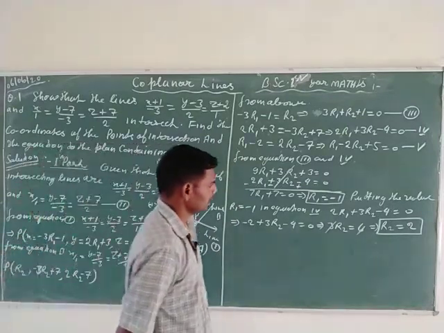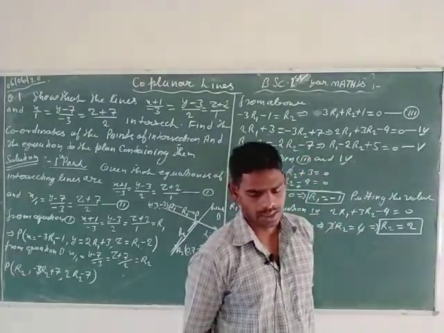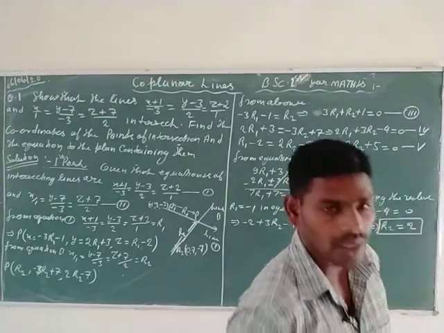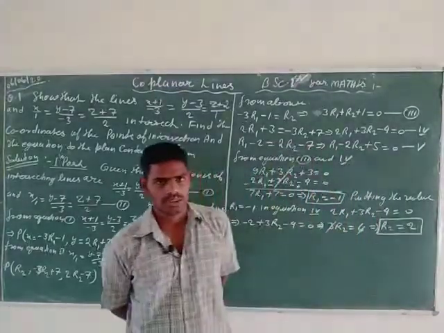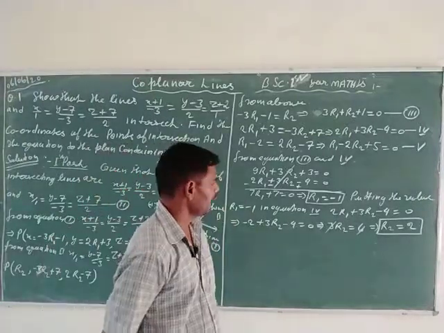If these two values of R1 and R2 satisfy equation 5th, then it is clear that the given two lines are intersecting each other, meaning the given two lines are coplanar.